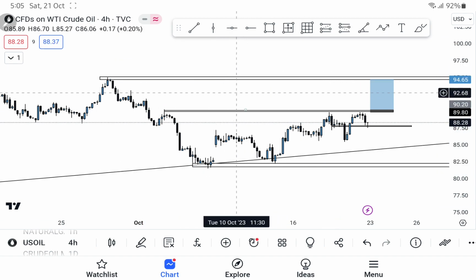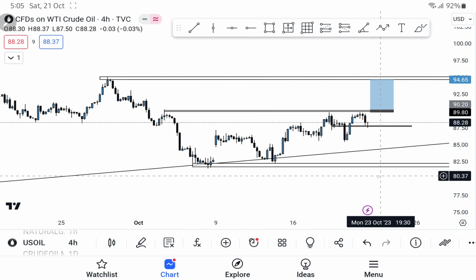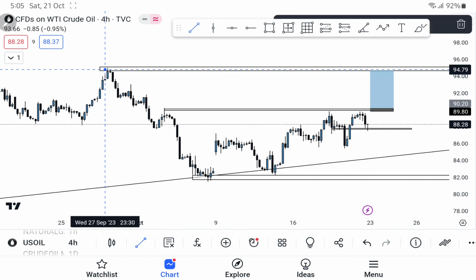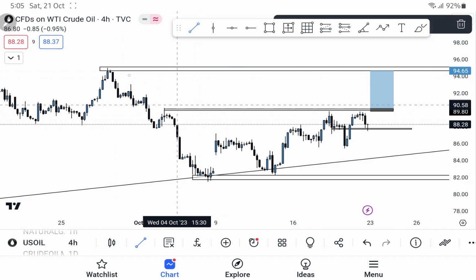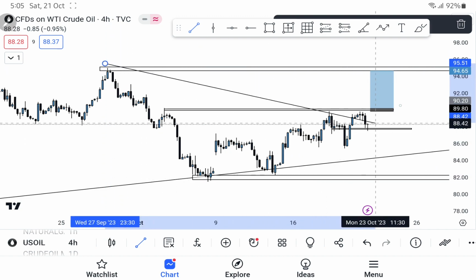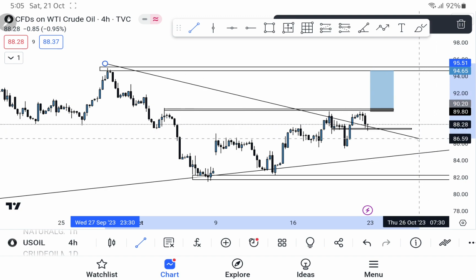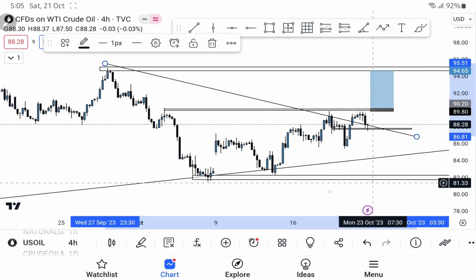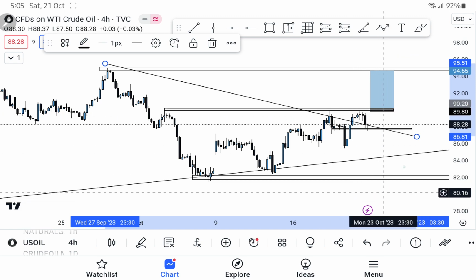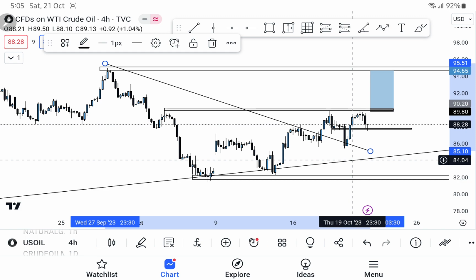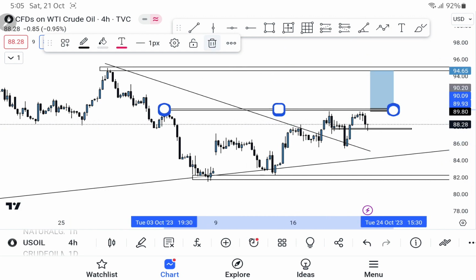That is why I prefer support and resistance. Understood? Trend lines can go from point A to point B, and you can draw trend line here, you can draw it here. The problem is, if it was like this, you enter here, hit your stop loss. If it would have been like this, you enter here, hit your stop loss. So this is the problem with trend lines.